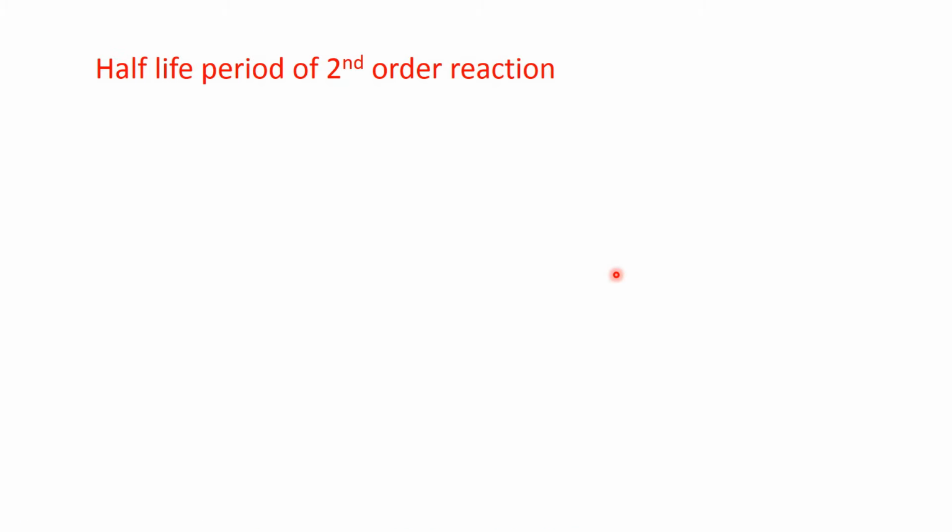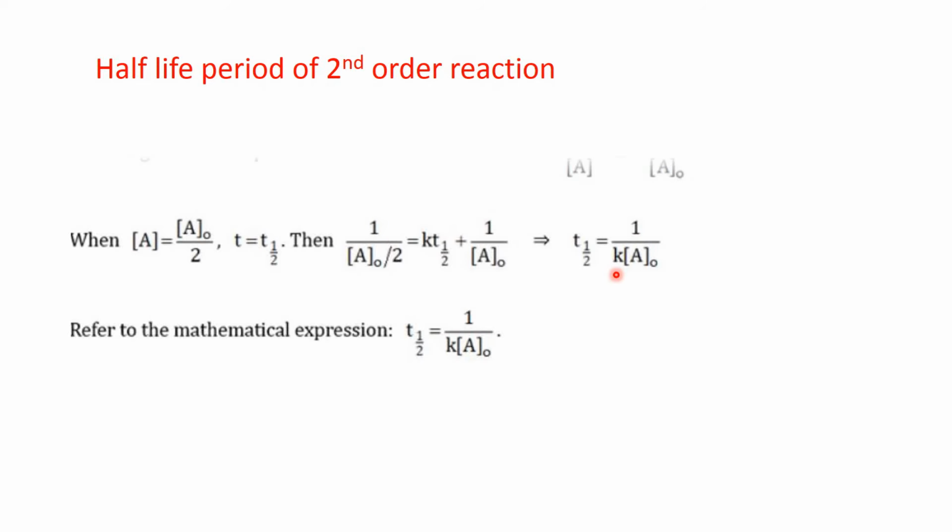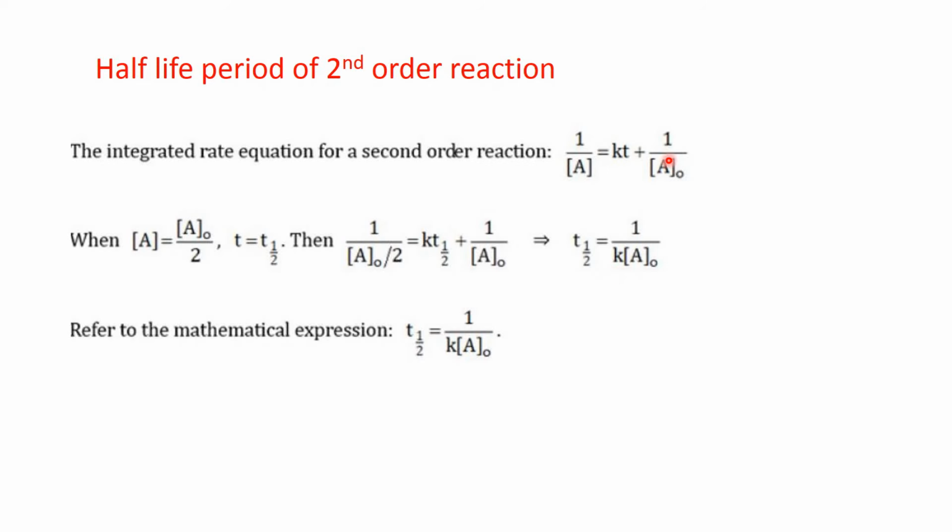Okay. Now the half-life period of a second order reaction. From the equation we just derived, half-life period means t is equal to t half. Then half of the reactant is converted to product, and the leftover concentration will be a0 by 2.